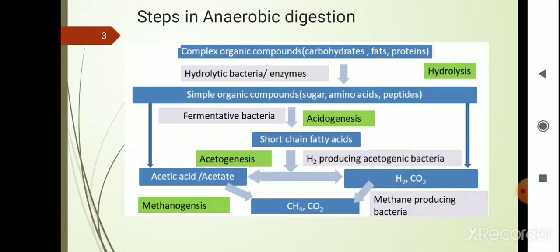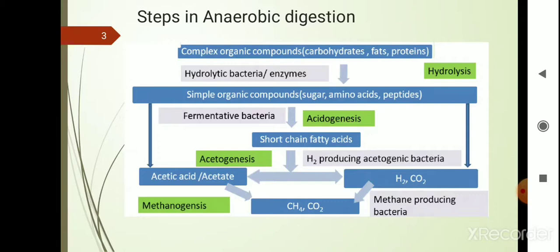Hydrolysis is carried out by hydrolytic bacteria, or it can be done by enzymes also. We have some enzymes which will increase the speed of hydrolysis, and we can use those too. What they do is break down this complex hydrocarbon into simple hydrocarbons. The complex long-chained, cross-linked structure is broken into straight-chain simple structures, mainly sugar.